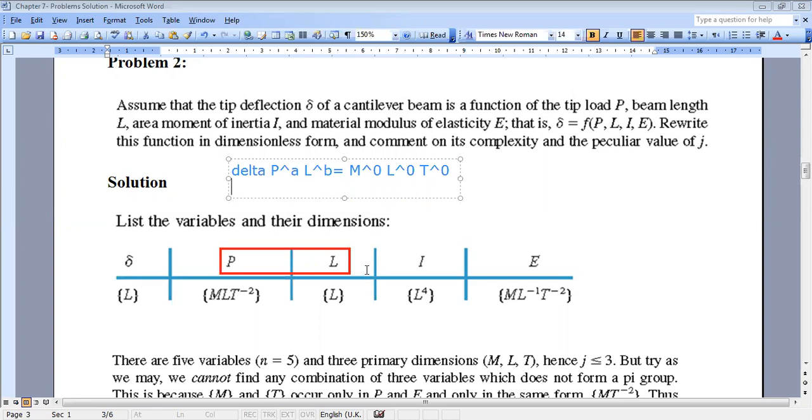So I replace delta by its dimension, it's L. I replace P by M to the power A, L to the power A, and T to the power minus 2A, times L to the power B, equals M0, L0, T0.